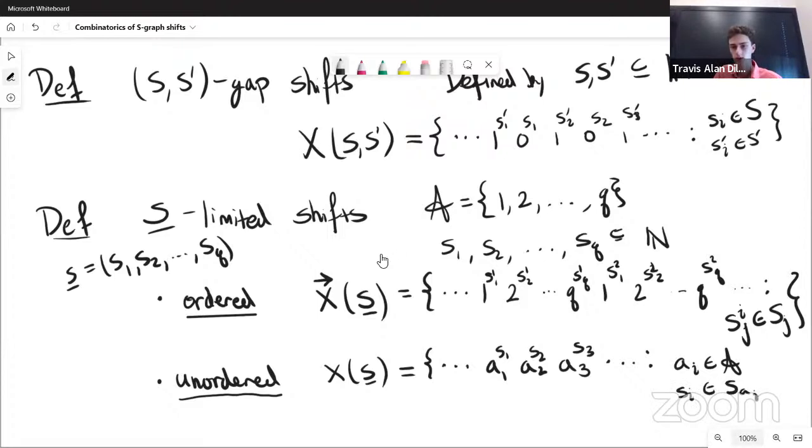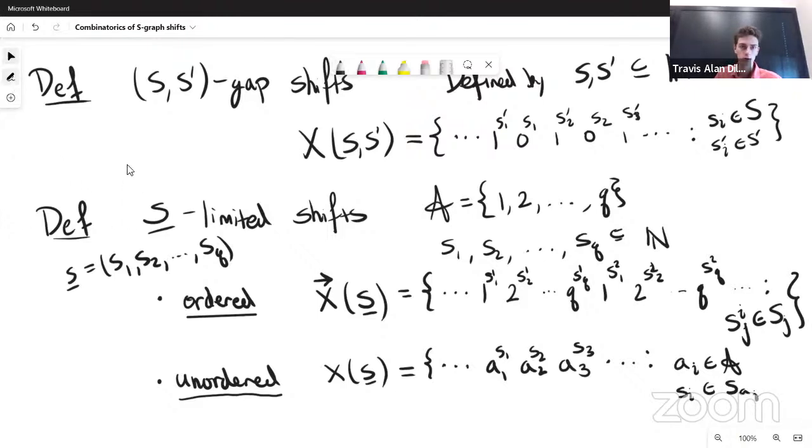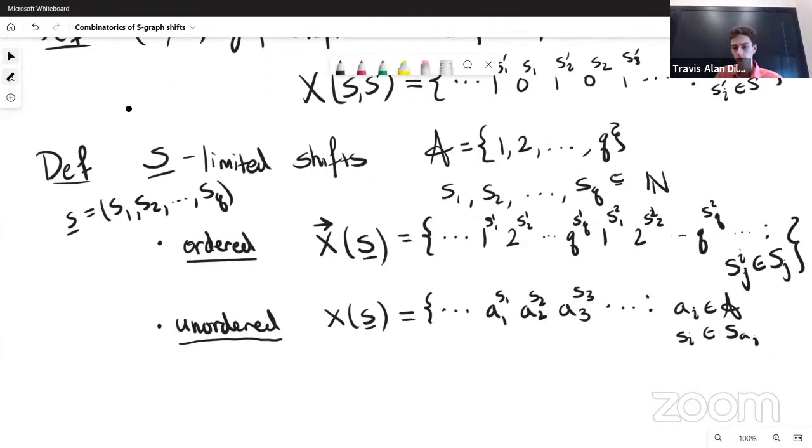So that's what this condition says. And then we want one more thing, which is that it's just some sort of to prevent any sort of hijinks happening. We want a_{i+1} to be genuinely different from a_i, so that they're an actual block and an actual block of a different thing. And this is an unordered S-cap. The set of all sequences that you can form in this manner is the unordered S-limited shifts, corresponding to the sequence of sets.